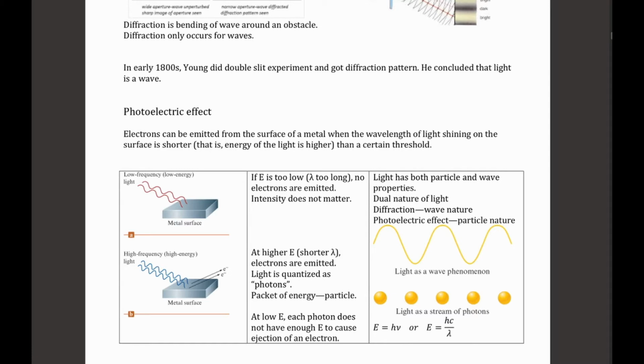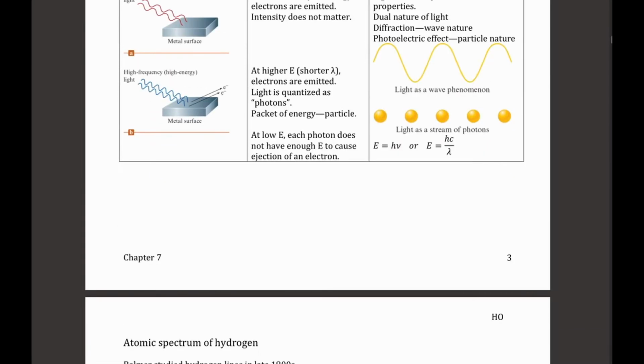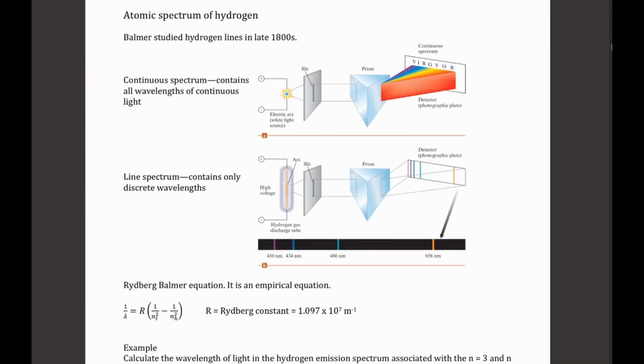Either way, the energy of the light can be described by E equals h nu, or as we will use more commonly, E equals hc over lambda, where again h and c are constants and lambda is the wavelength of the particular light that we are working with. Okay, so that's our introduction to light. What we need to remember from that is that the energy of a photon is equal to hc over lambda.